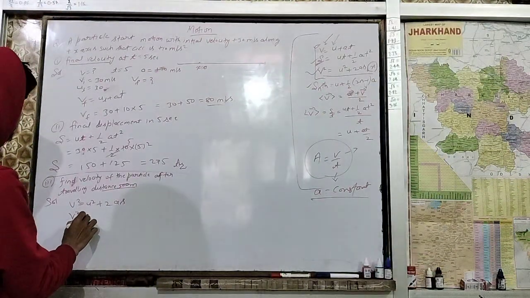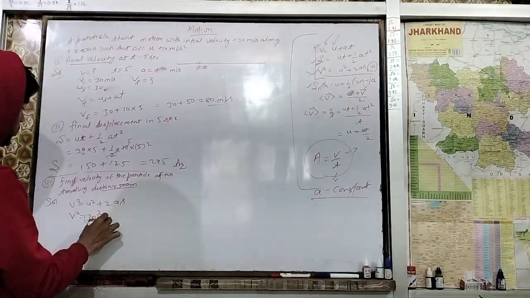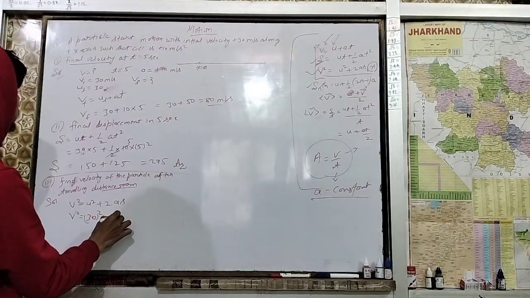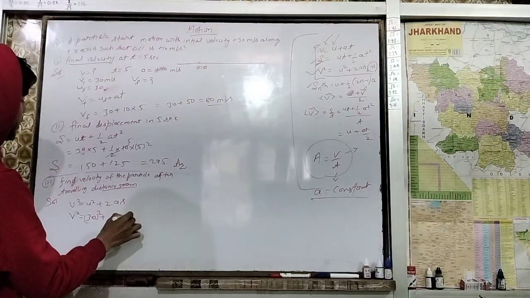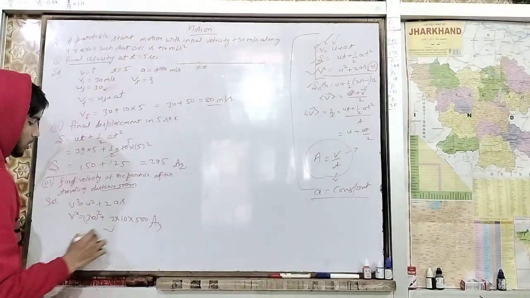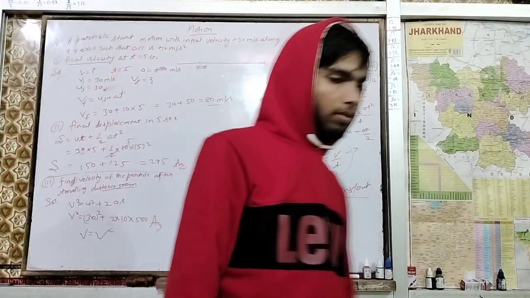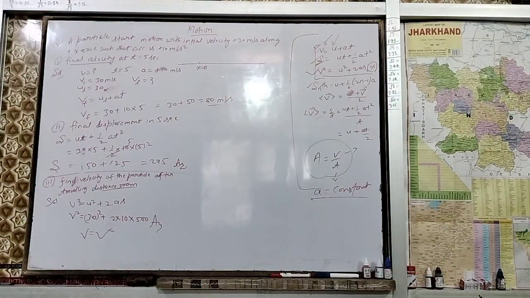U is 30 raised to power 2, plus 2 multiplied by 10 multiplied by s, which is 500. From here you will get your v.